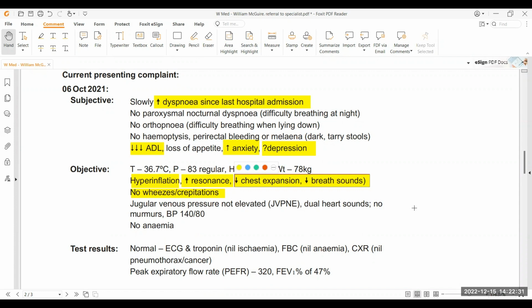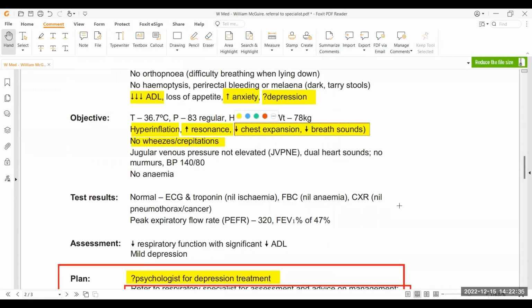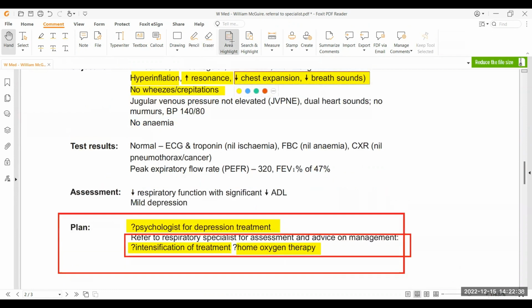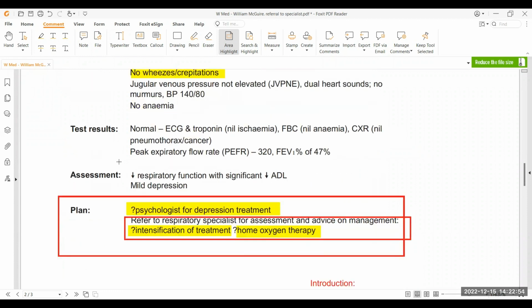Nothing else. Now let's take a look at the tests you did. Certainly all these tests relate to his complaint, the increase in dyspnea. The ECG is normal, but we don't need to mention that.